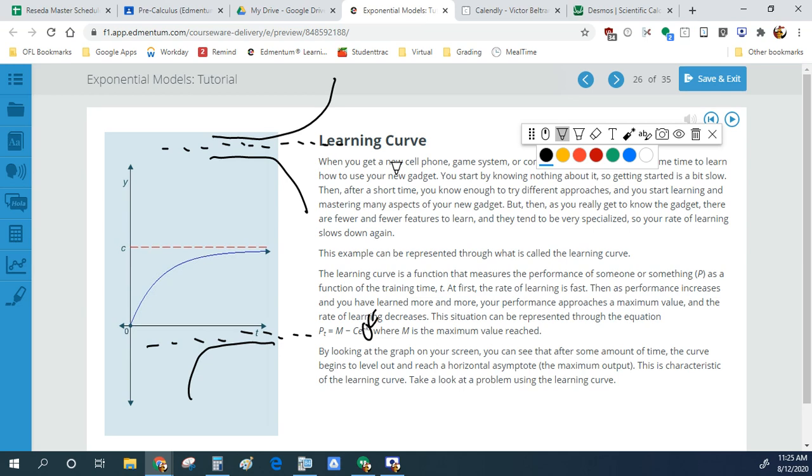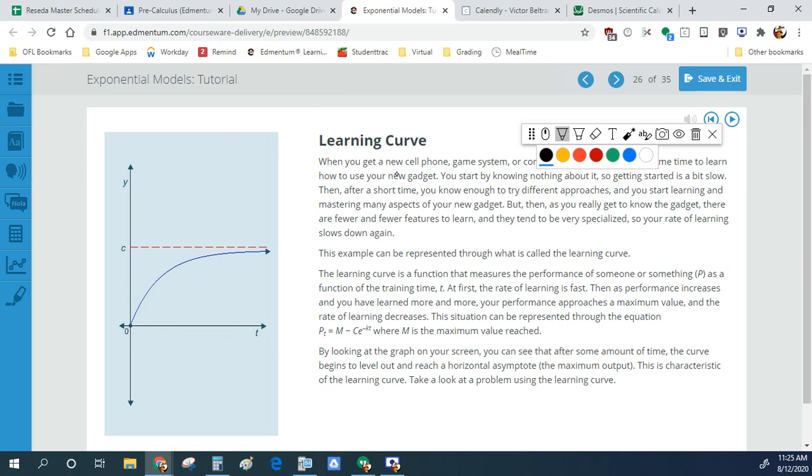Usually when you're trying to learn something new, it's hard. You're learning a lot. At first you know nothing, and then you go, but as time goes on, it becomes harder and harder to learn the new concepts until eventually you theoretically get to the point where you know everything. So this is showing us our model here. We have this m, which is the maximum value.